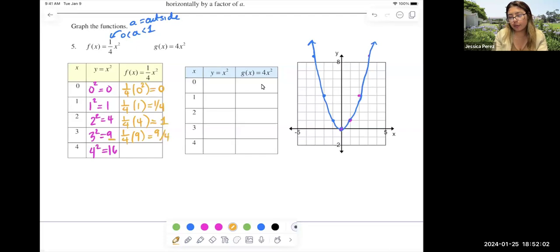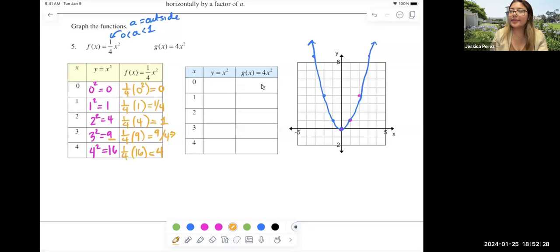It's 9 over 4, or 2 and 1/4 if you want to change it to a mixed number. And then here we have 1/4 times 16. Sorry about that, that was my phone. It is equal to 4.